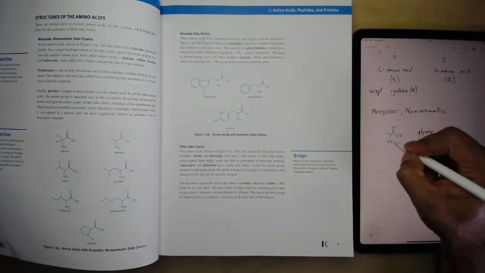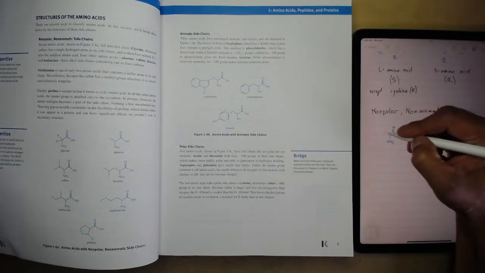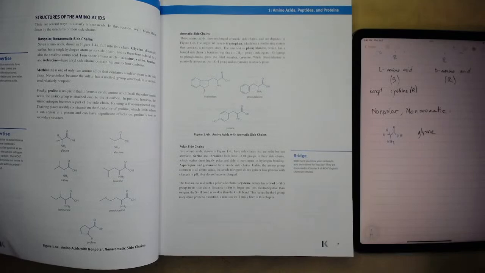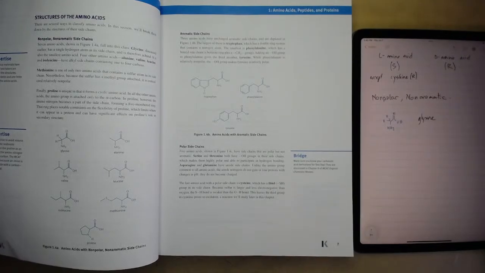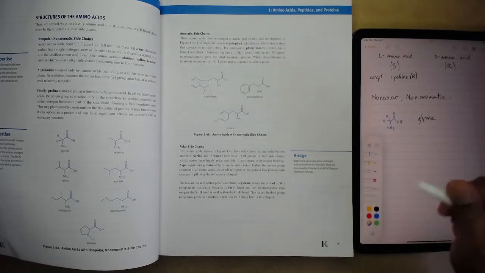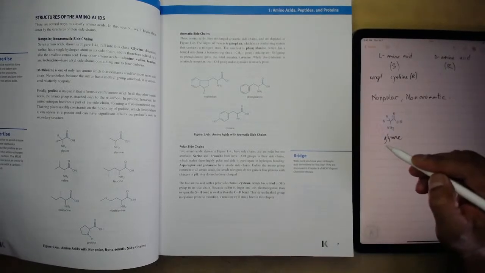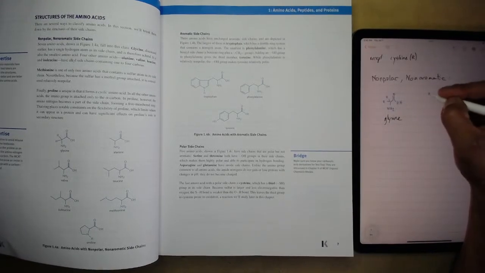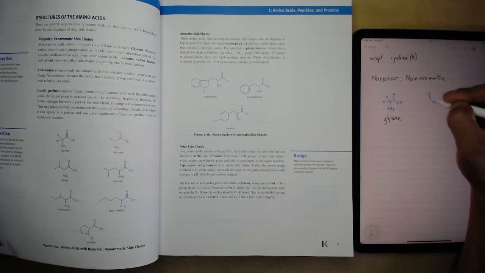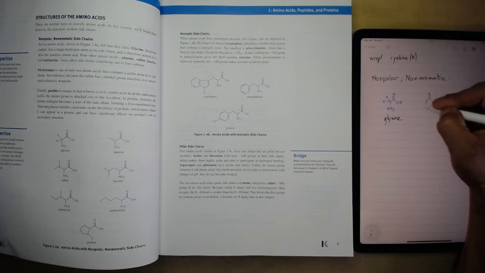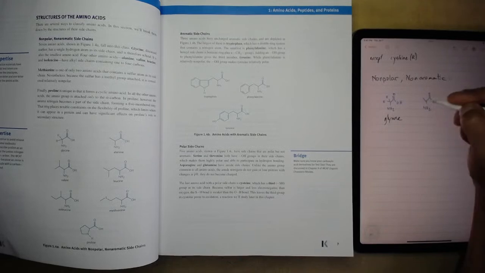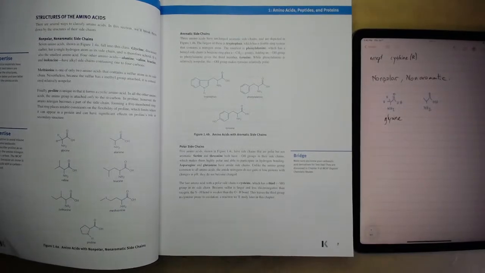I'll put the NH2. H. That's glycine. Alanine has just a simple 1-carbon alkyl group.